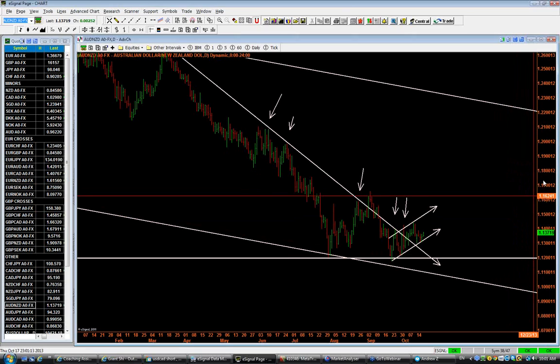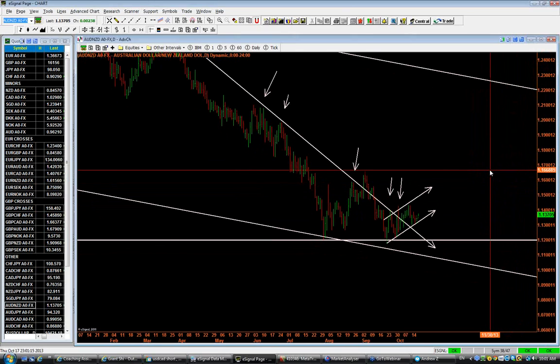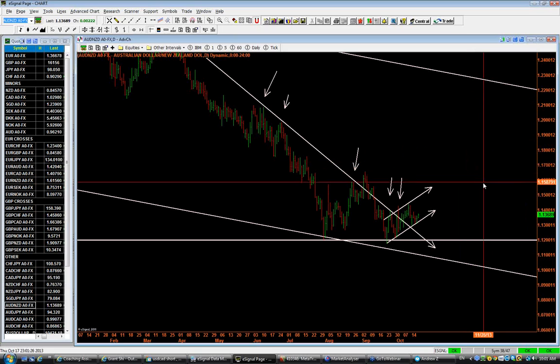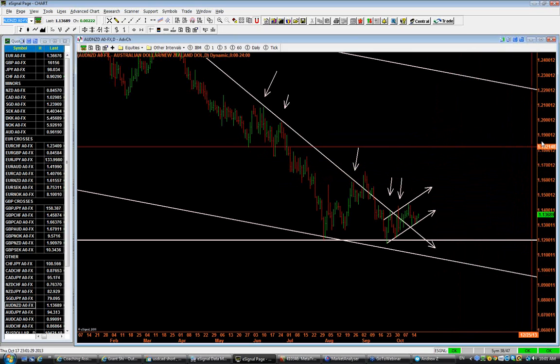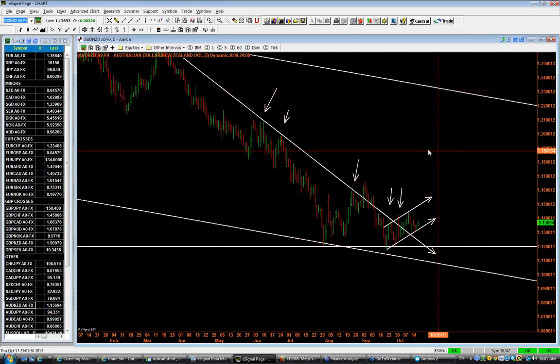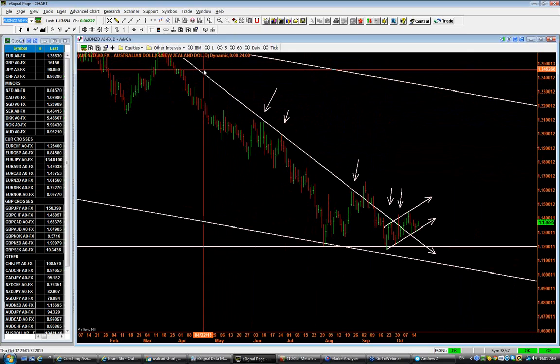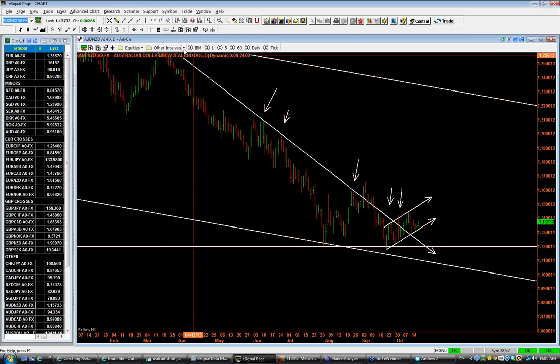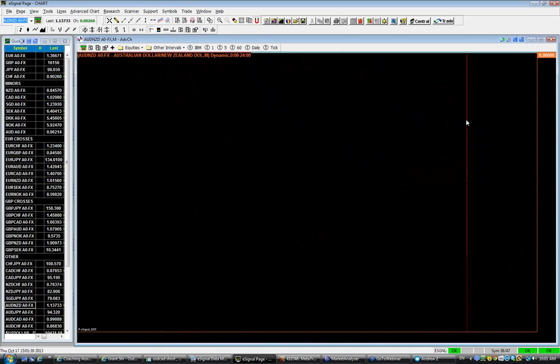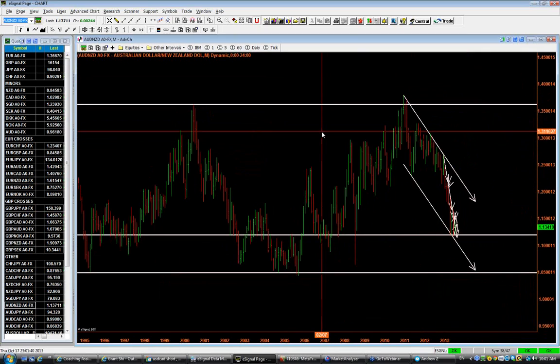Okay, before I answer your question, I just want to talk about the trade I monitored in the last week. The currency pair is Aussie Kiwi. Just have a look at the big picture first. Let's start by looking at the monthly.